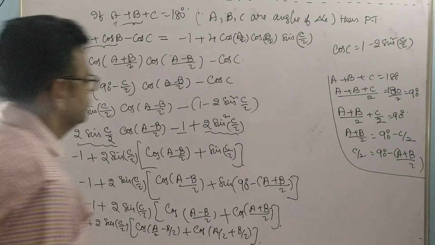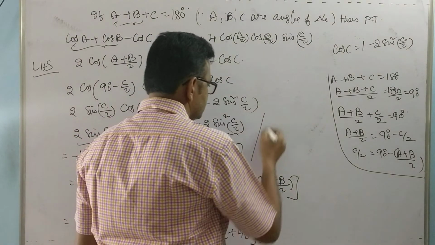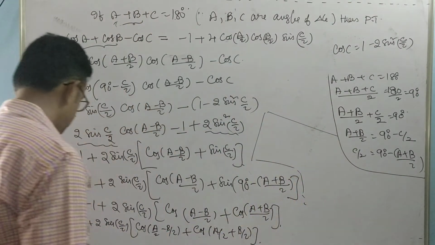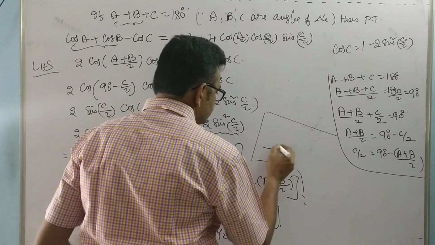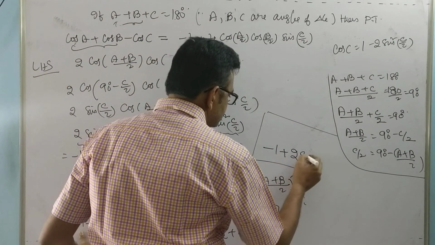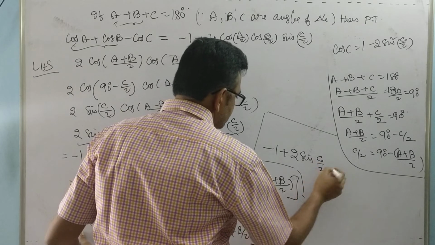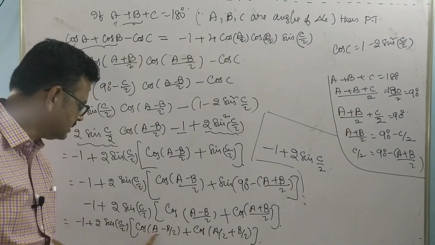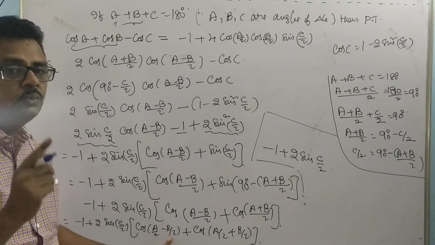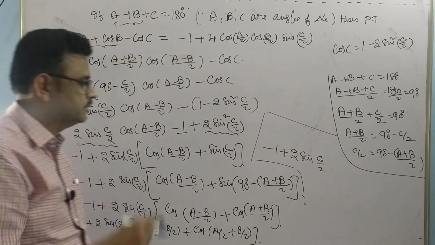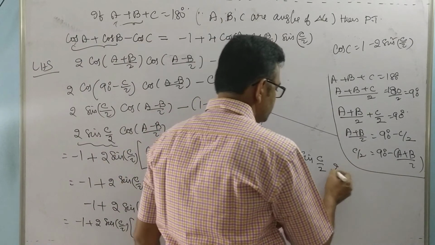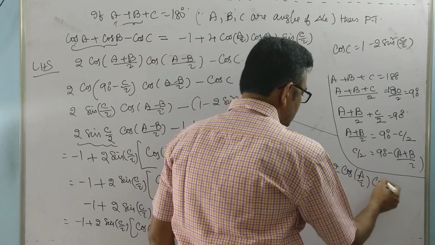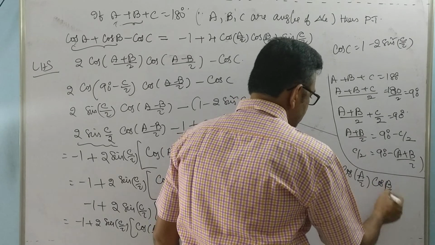Now that is equal to minus 1 plus 2 sin C/2 into cos of (A plus B) plus cos of (A minus B), which is 2 cos A cos B. So that means that is 2 into cos A/2 into cos B/2.